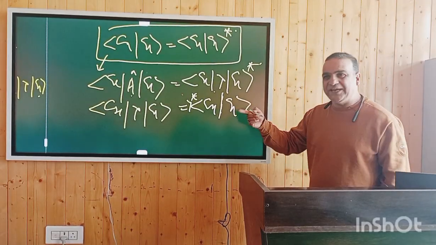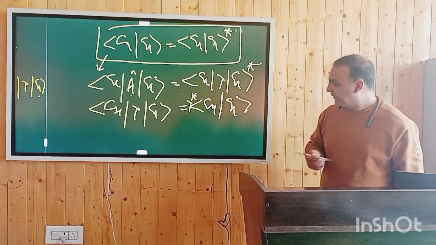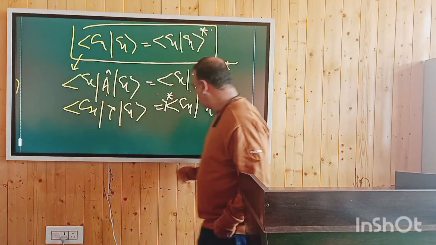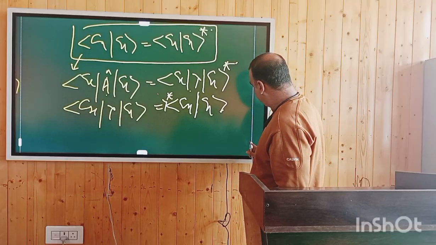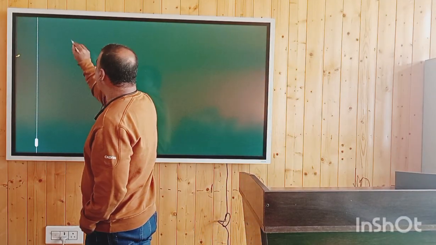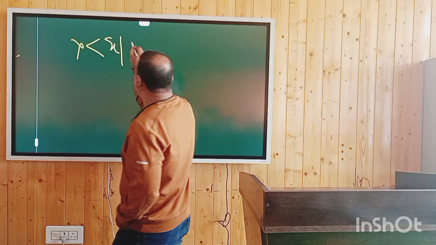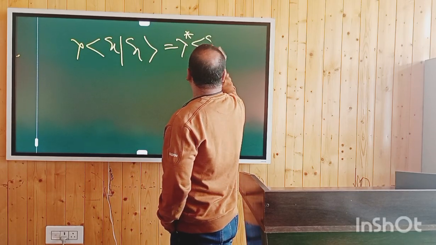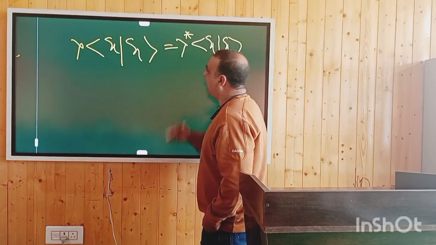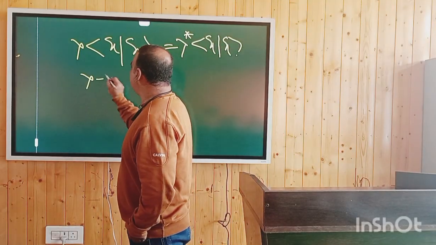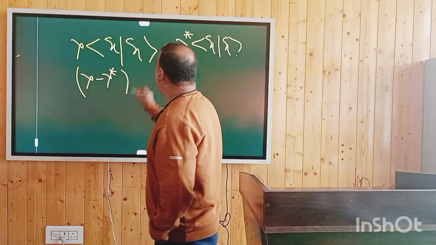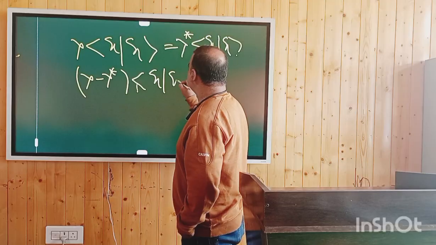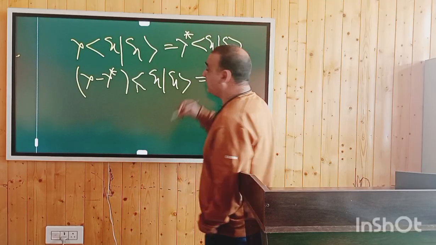Because on exchanging, I'm having the same state, zeta. So what do you get here? Lambda times the inner product of zeta and zeta is equal to lambda star times the inner product of zeta and zeta. I can transfer this. I'll get lambda minus lambda star. And what is common? The common is the inner product of zeta and zeta. And this is equal to 0.